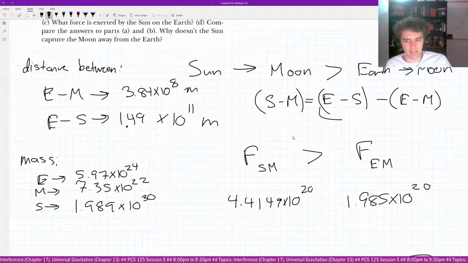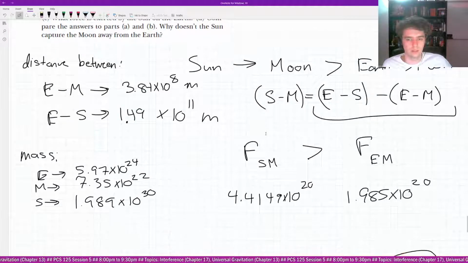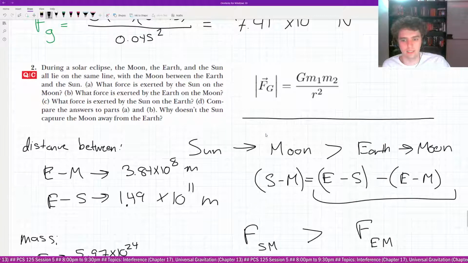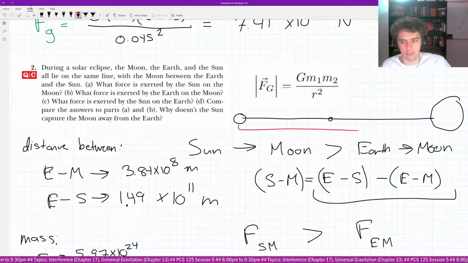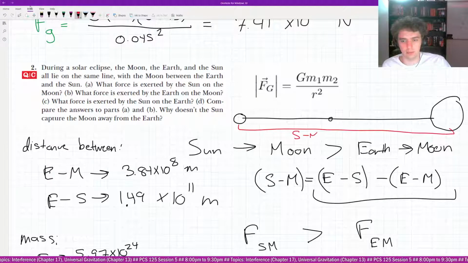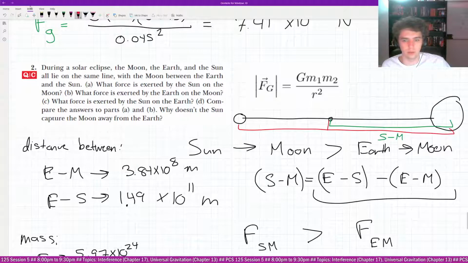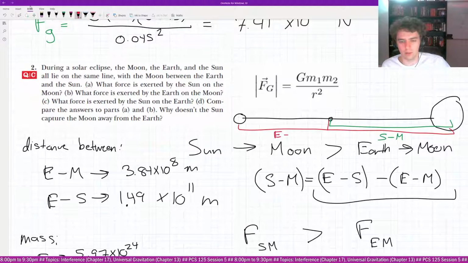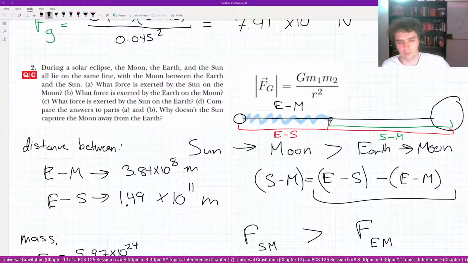Okay, and then you use that. That's what I used. So if this is the Earth, the moon, and the sun, this distance, which is the distance between the sun and the moon, is what I'm looking for. This distance is equal to the distance between the Earth and the sun, minus this distance, which is the distance between the Earth and the moon.